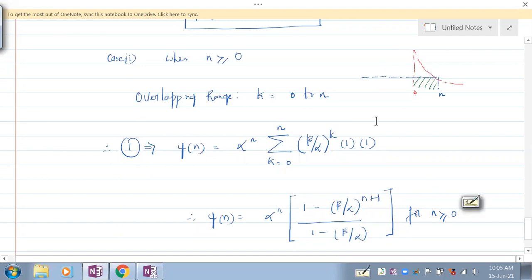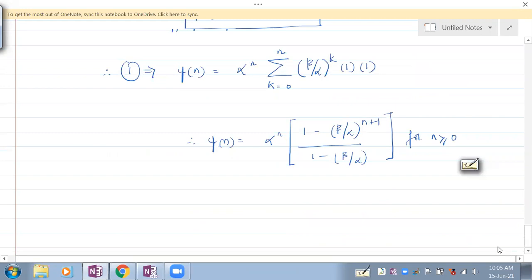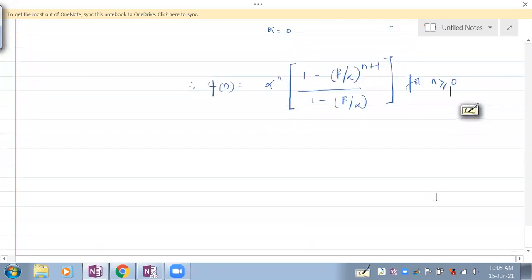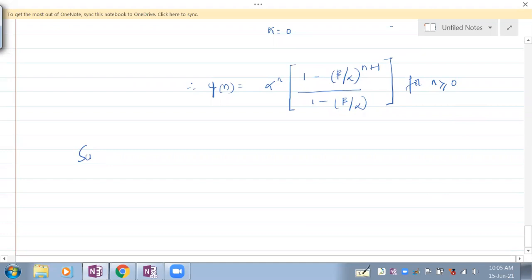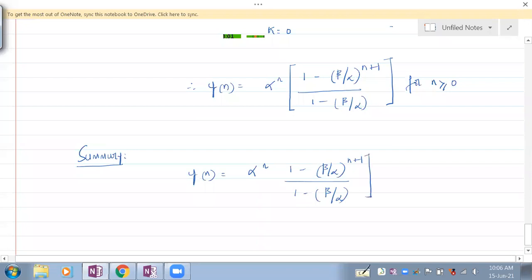Is that okay with you? So summarize it fast now, everybody. That is therefore the summary. I'll write the short form of the summary. Therefore, y of n is equal to alpha to the power n into (1 minus (beta by alpha) to the power n plus 1) divided by (1 minus beta by alpha), and this much into u of n.